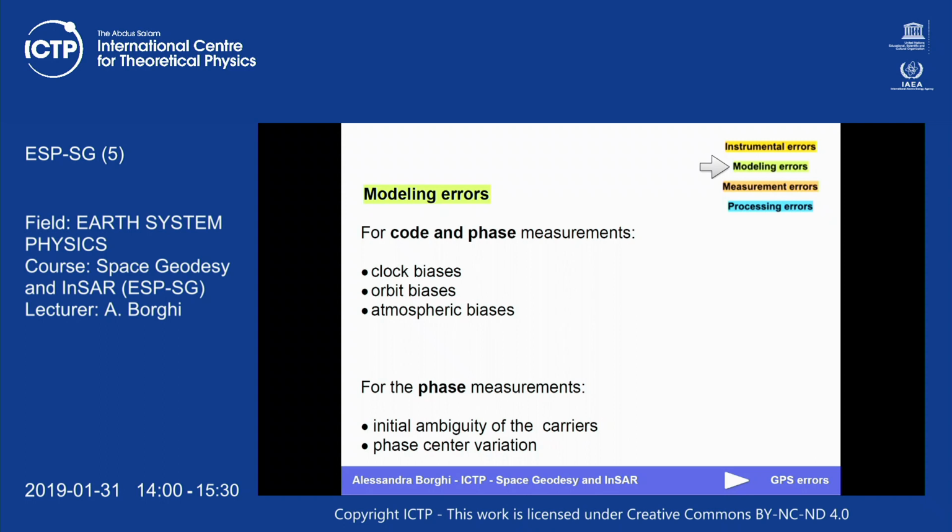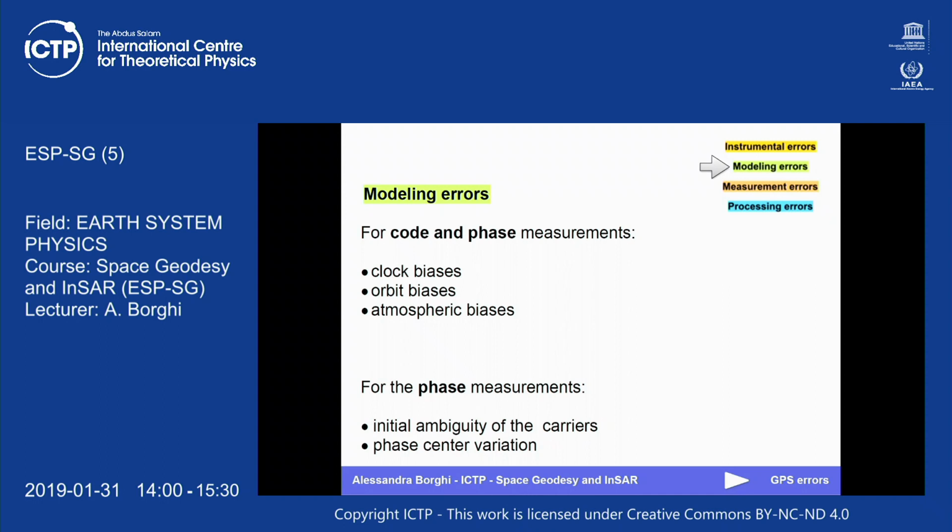We can have clock biases, orbit biases, atmospheric biases, or errors for phase measurements due to the initial ambiguity of the carrier or phase center variation. With biases, it means a systematic error in our measurements, or a big error in our measurements.